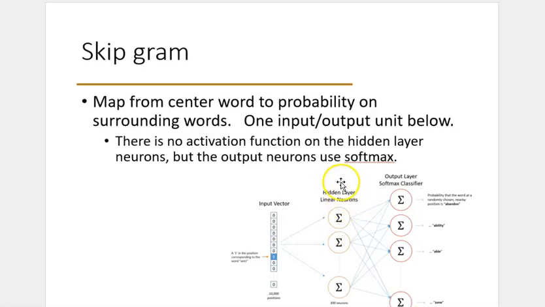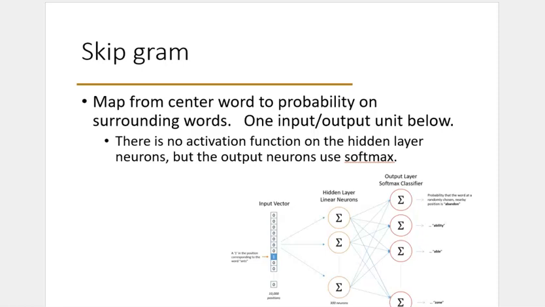Then we have a hidden layer of linear neurons. The output layer, in this case a softmax classifier, has the size of your dictionary. It gives you the probability that each word in the dictionary will be close to that input word. So essentially, what's the probability that the word ability will be close to this input word right here, or the word able will be close, and so on.